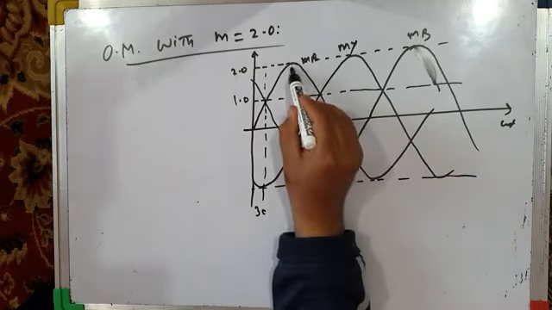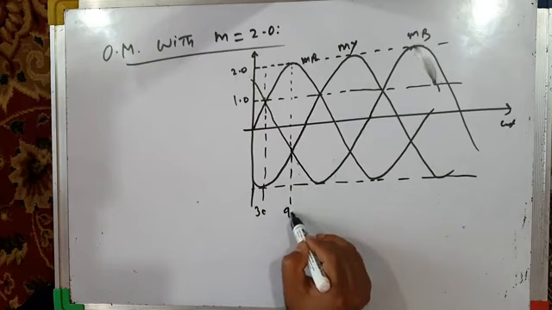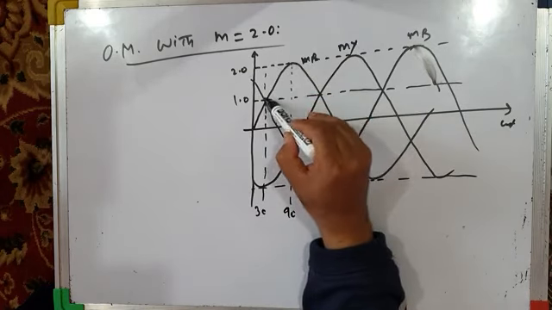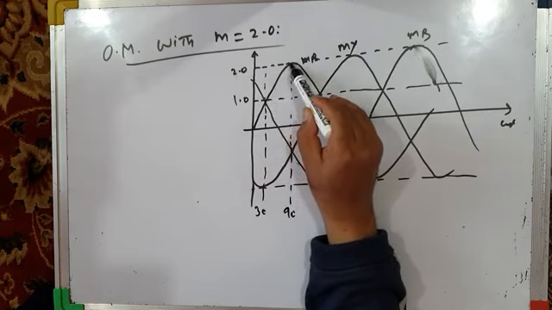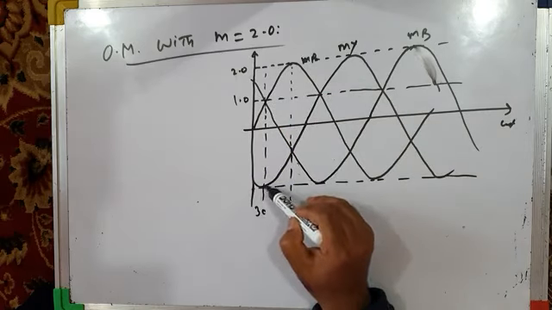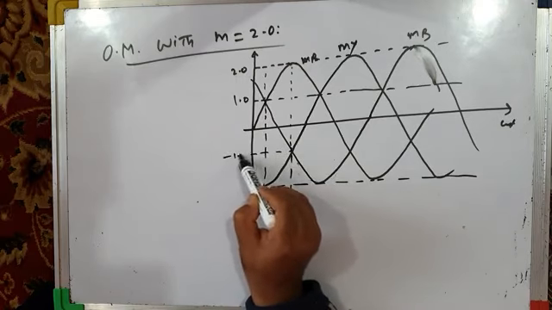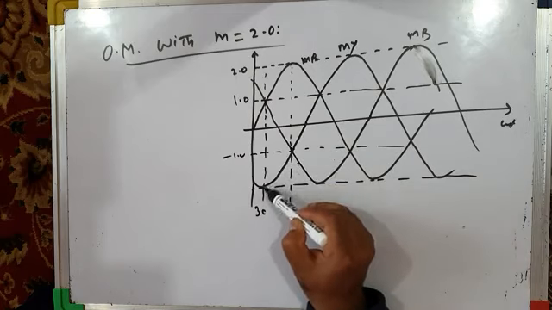If you see up to this point, this is 90 degrees. From 30 degrees to 90 degrees, since MR is greater than 1, phase leg R will have pulse dropping. Simultaneously, since MY is also less than -1, this is -1, phase leg Y will also have pulse dropping.